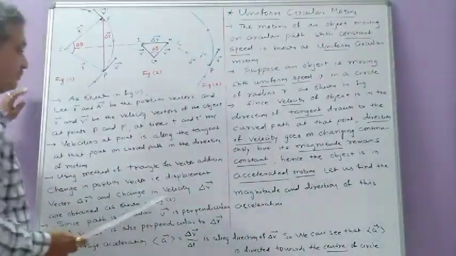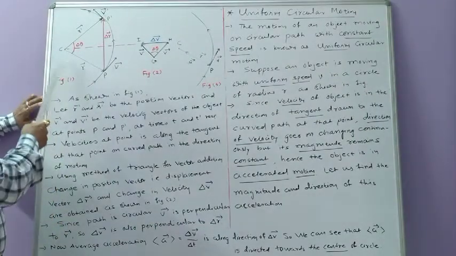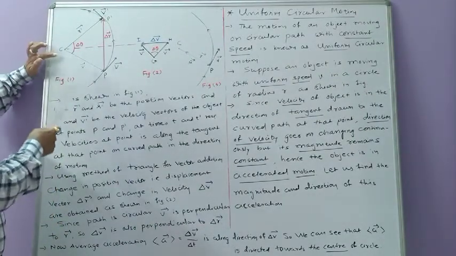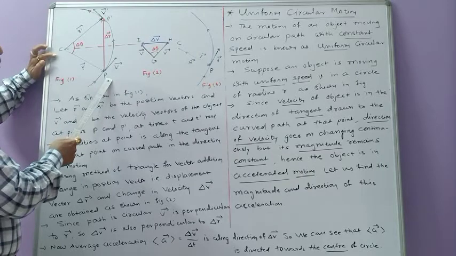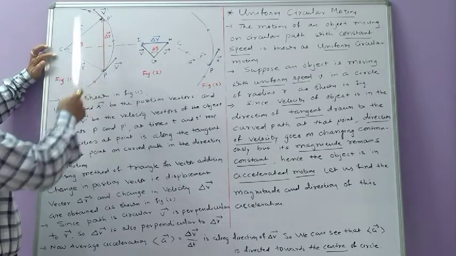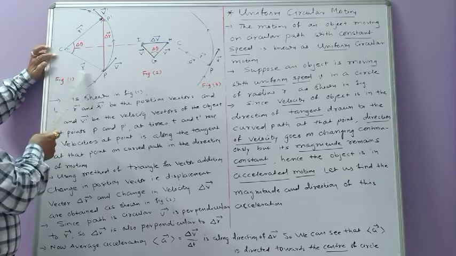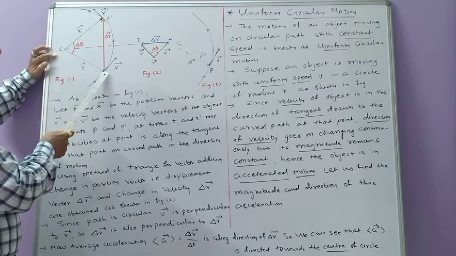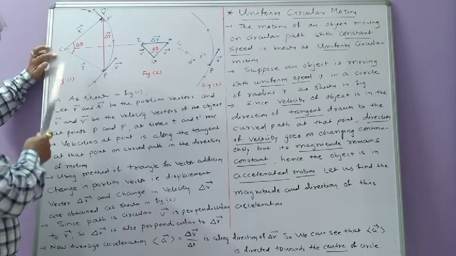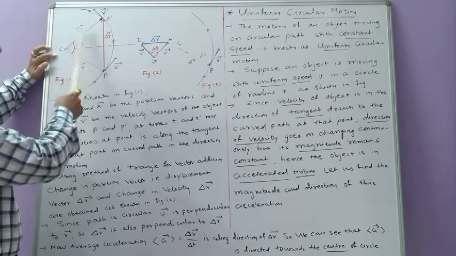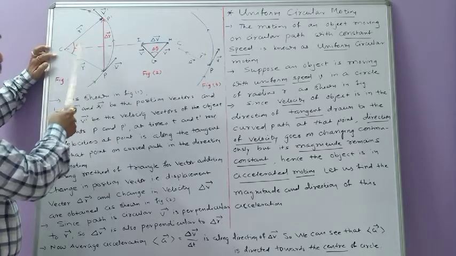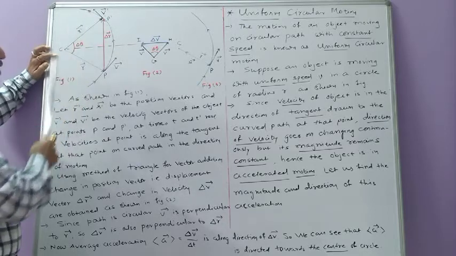To find this, we consider this figure. Center C is there. P be the position of an object at time t. P dash be the position of the same object at time t dash. CP is the position vector of the point P with respect to the center at time t. r dash is the position vector of the same object at time t dash.